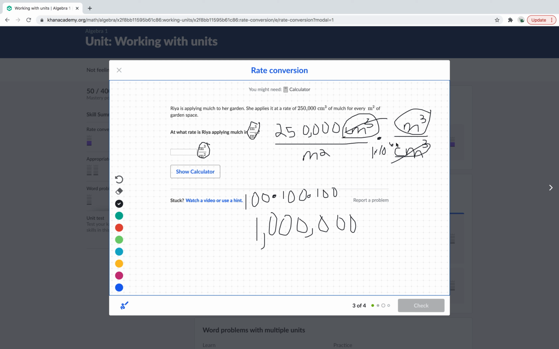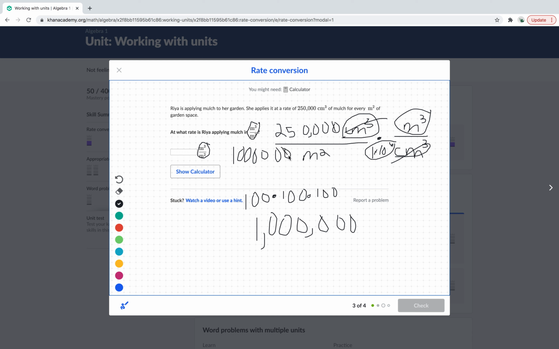However, this is equal to 1 million, so we have to put 1 million here, because multiplying this by this is 1 million. 1, 2, 3. 1, 2, 3. Now we have to divide this by this to simplify it so that there's only 1 meter squared. So I'm going to cross out zeros.